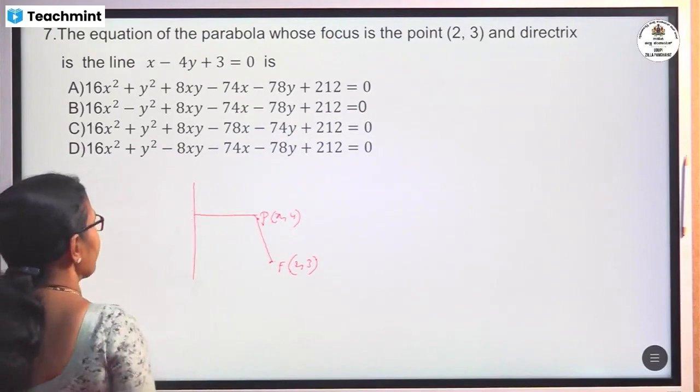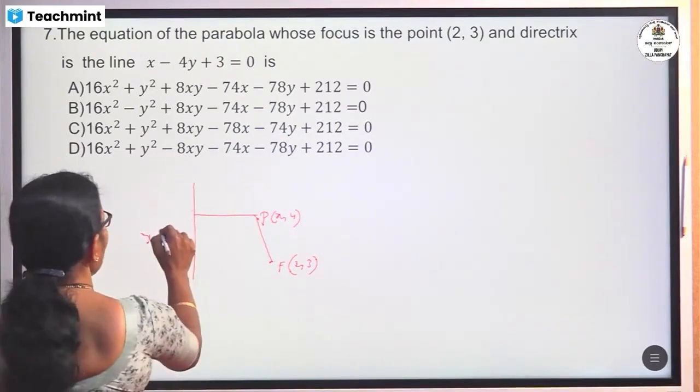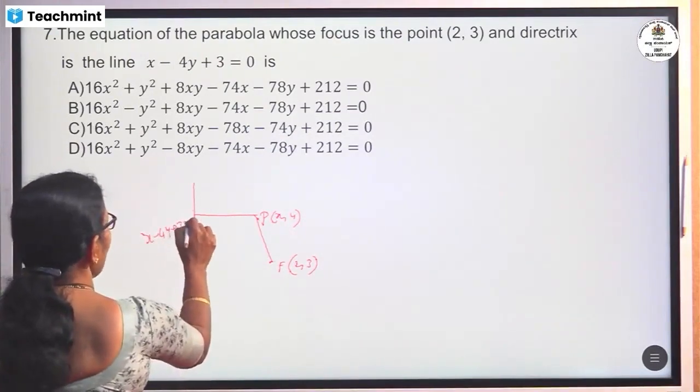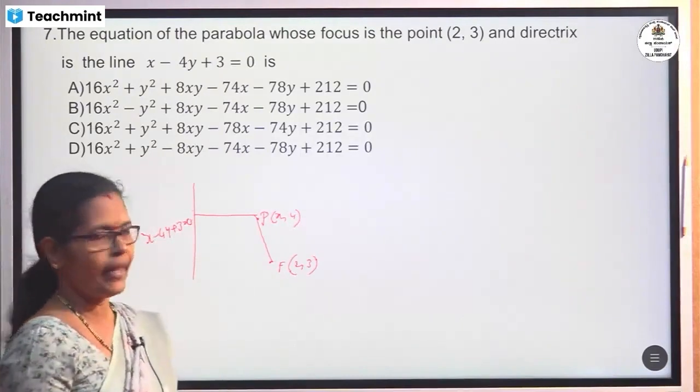This is the directrix, x minus 4y plus 3 equal to 0.